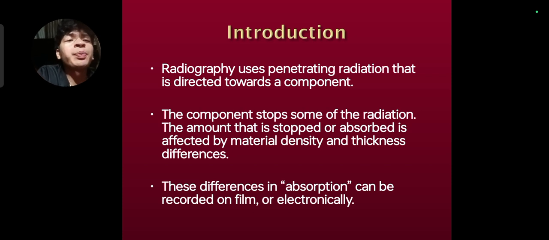Radiography uses penetrating radiation directed towards a component. It is used to measure or acquire the material's density and thickness differences. This absorption can be recorded on film or electronically.